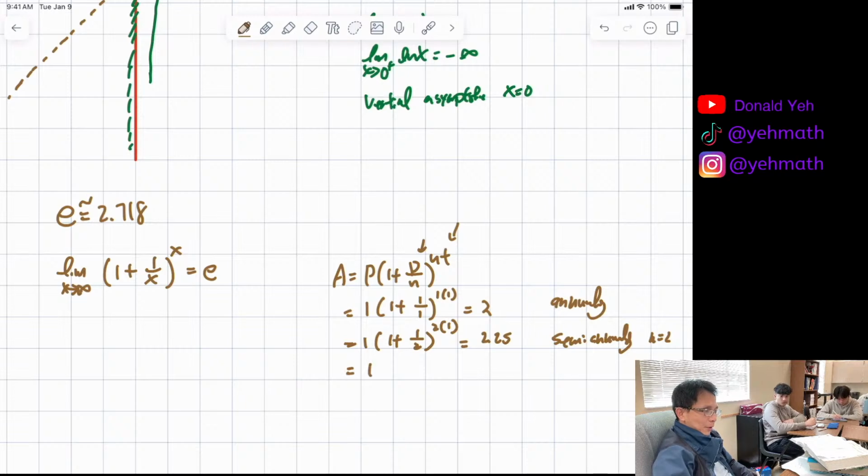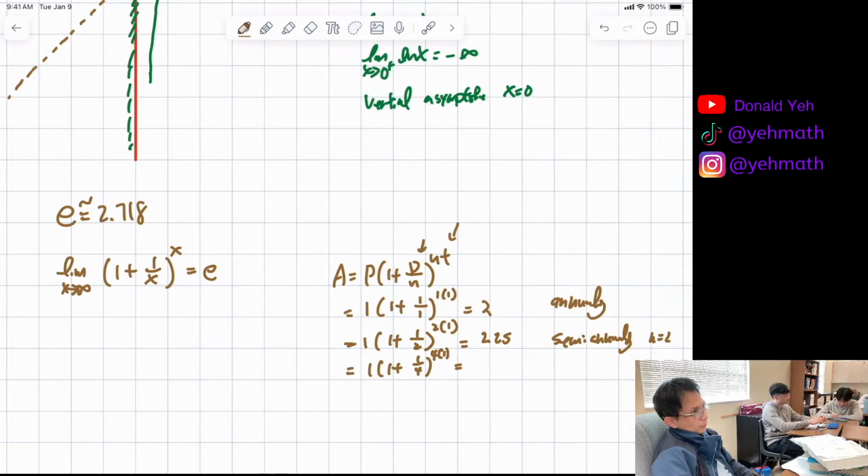What happens if you compound quarterly? You might need to use a calculator with this one. What'd you get?